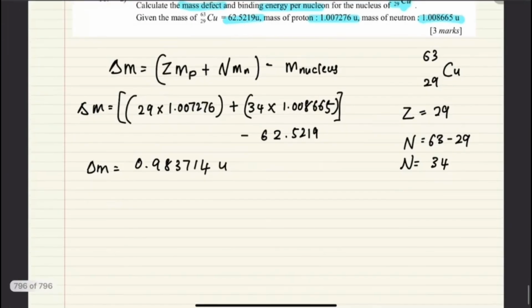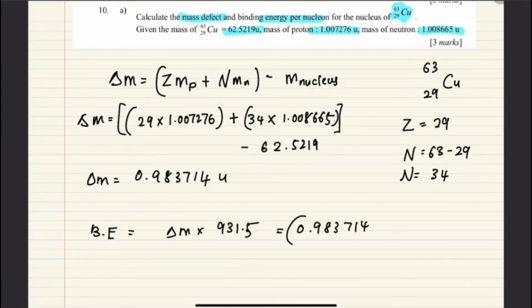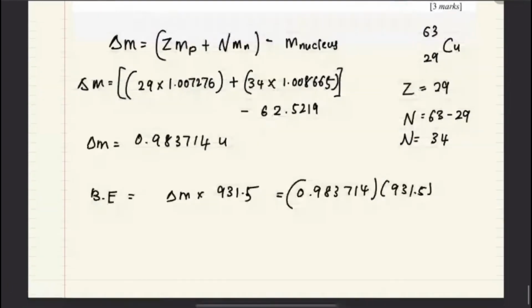The next question is to find the binding energy per nucleon. For the binding energy, BE, we can use delta M multiplied by 931.5 straight away because it is in U. So delta M c squared is it. So it will be 0.983714 multiplied by 931.5.